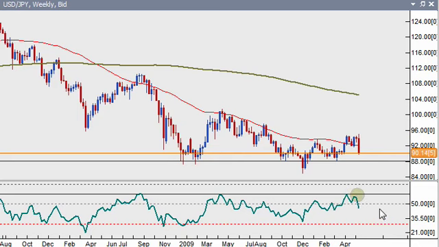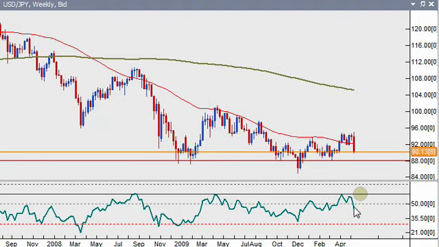I mentioned I was very bullish on this pair, but there was one reservation, which is that the market did not have momentum to break 60 yet, so we couldn't really have an outlook. We had intermediate targets at 98 and 101.